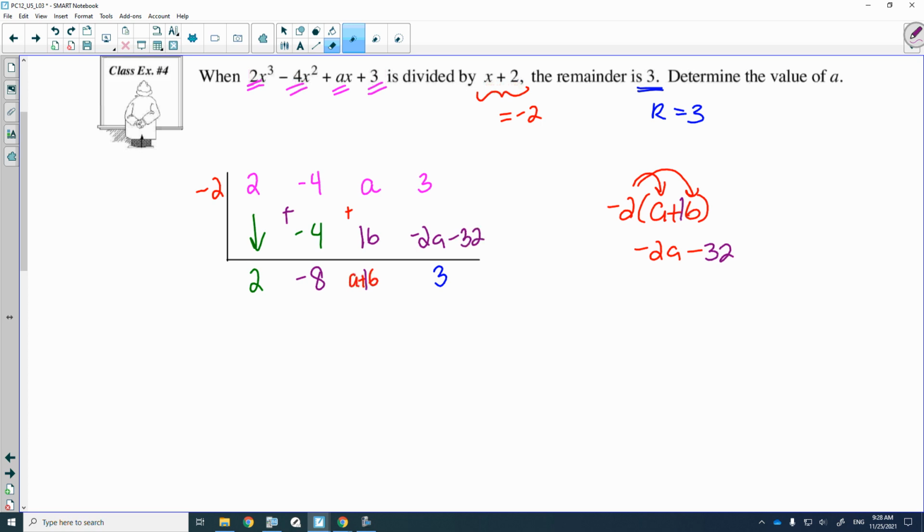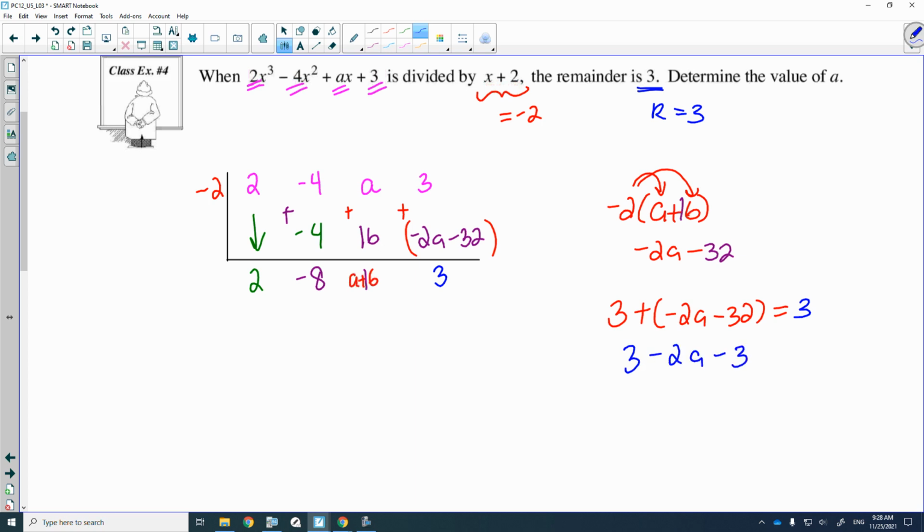See if you can figure out what a is. So you know it is this plus this is equal to 3. So 3 plus this guy is equal to the remainder, which is 3. This is just going to be 3 minus 2a minus 32 is equal to 3.